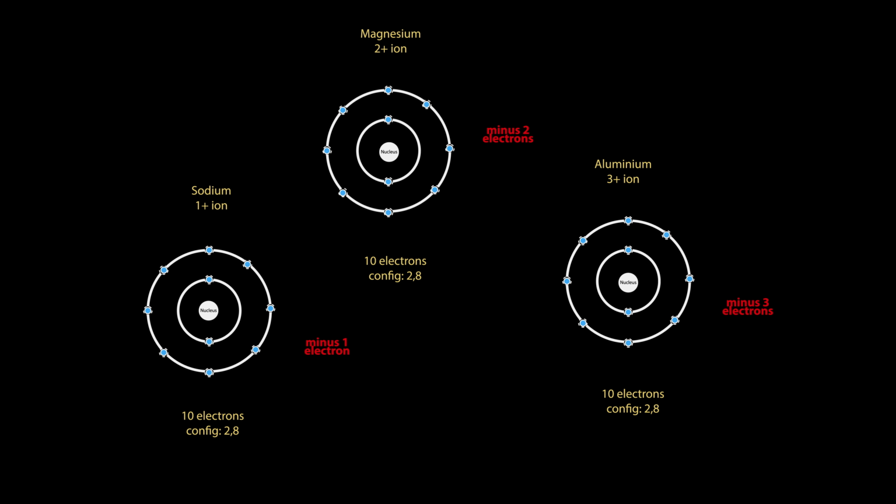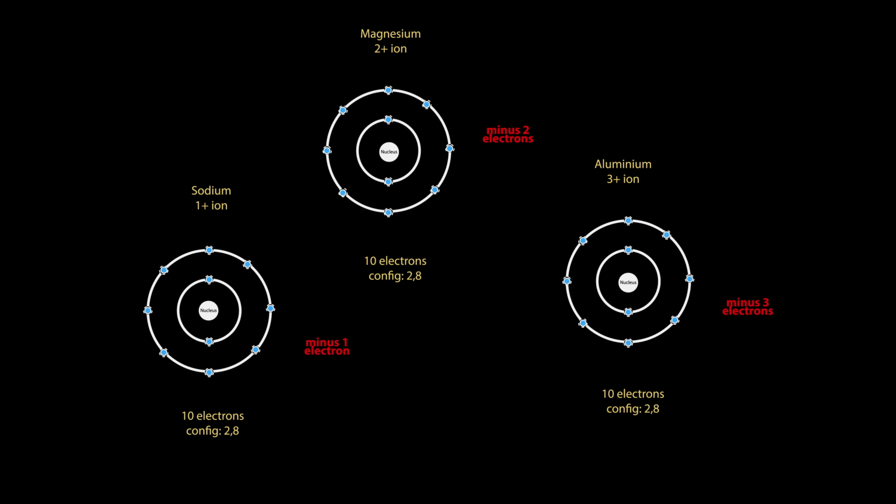Magnesium starts with an electron configuration of 2,8,2. When it reacts, it loses 2 electrons, becoming 2,8. But those electrons don't simply vanish.